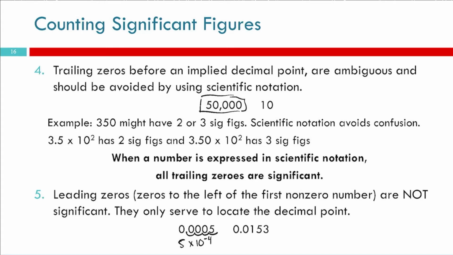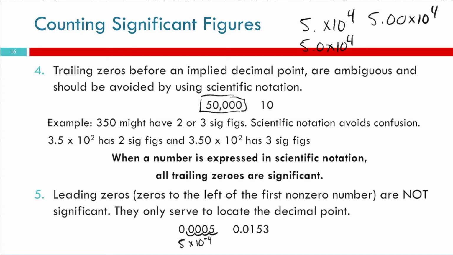So it could be that we measured to the 10,000ths place, and so we should write it as 5 times 10 to the 4. And that was our level of precision. Or it could be 5.0 times 10 to the 4. Or 5.00 times 10 to the 4. You can't tell because we don't have a decimal place, and we need those zeros to space it out to 50,000.